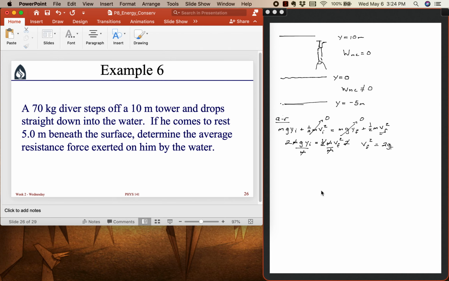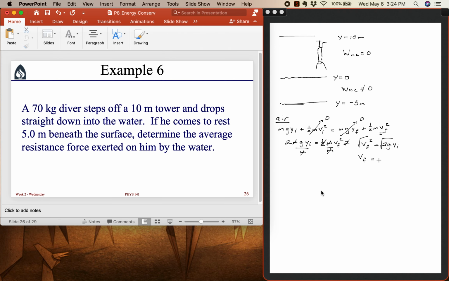And then I can take the square root of both sides. And so my v final is going to be equal to the square root of 2g times y initial. Shouldn't forget the y initial there.